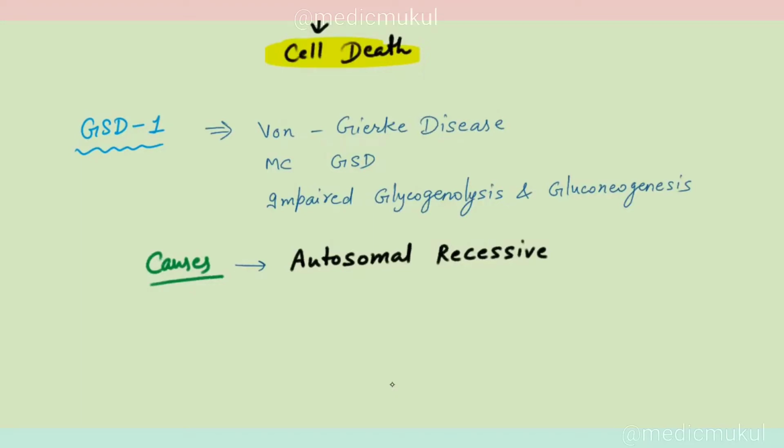We are not going into that because it will become more complicated. Remember, it is autosomal recessive, and it leads to G6P deficiency, glucose 6 phosphatase deficiency. These are the causes in glycogen storage disorder.